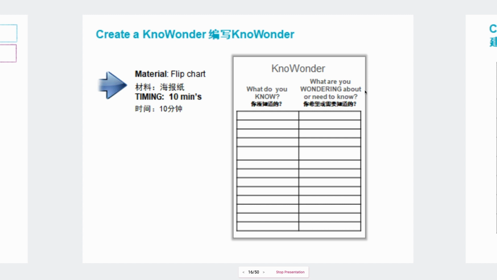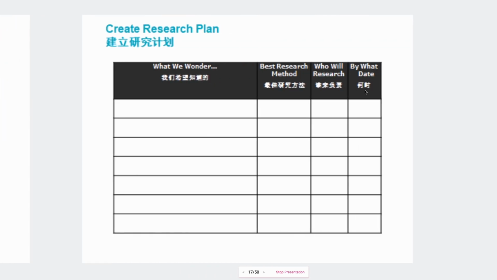After we create the Know-Wonder list, we need to create our research plan. For the research plan, we need to write down what we wonder from our Know-Wonder list. And then we need to define the best research method. What is the best research method? Is it interview?